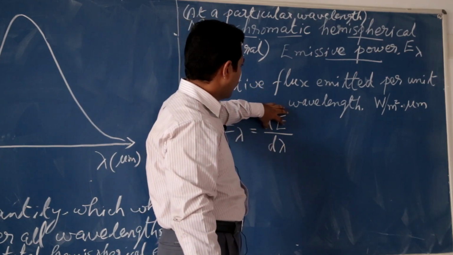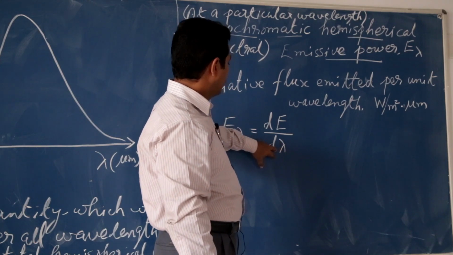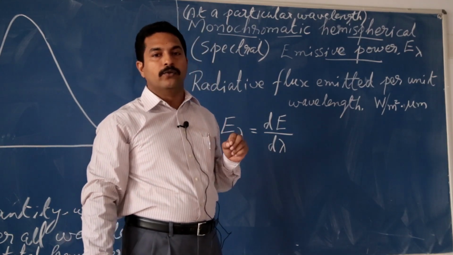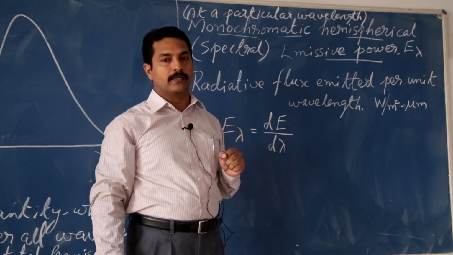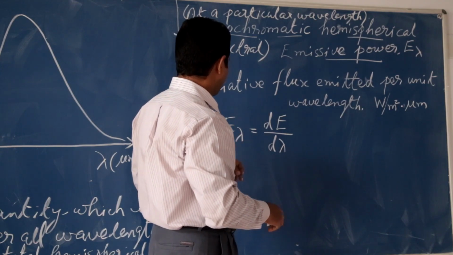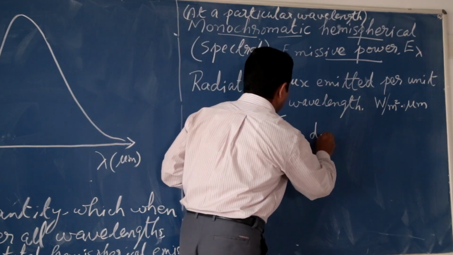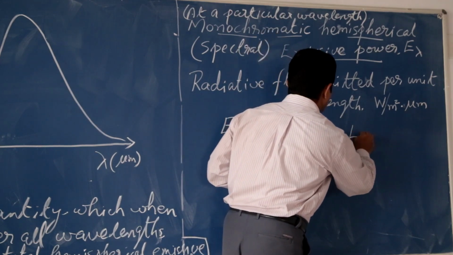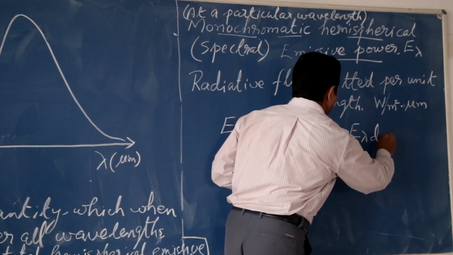The heat flux is watt per meter square divided by d lambda, and the unit of wavelength is micrometers. Then I can write dE as E lambda d lambda.